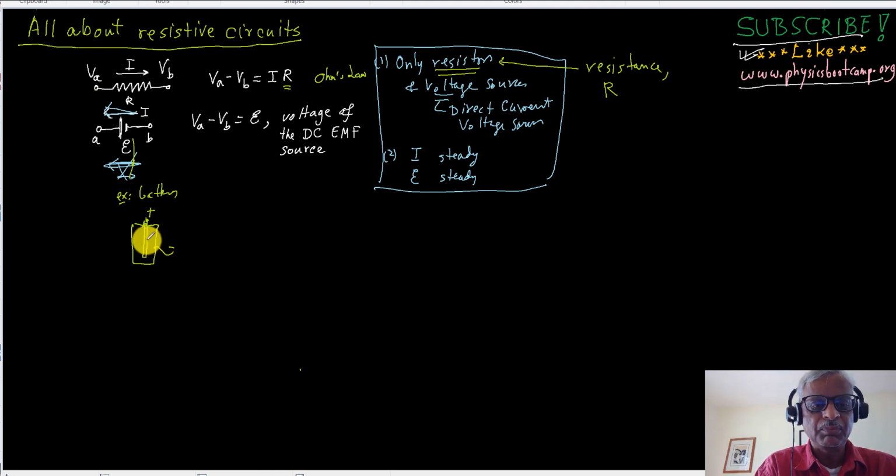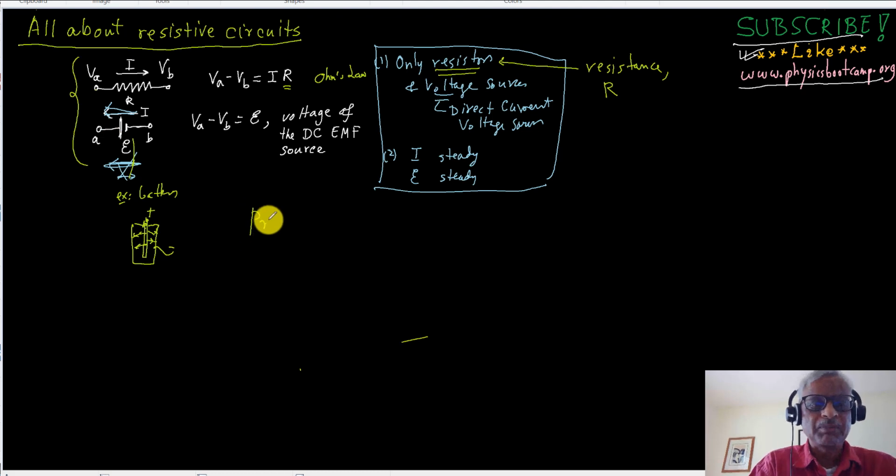So the current will be flowing from this to the side. Inside there's a current that flows, and the same current must flow outside. So that's a battery. Okay, so this is in isolation, and we will solve the problem.